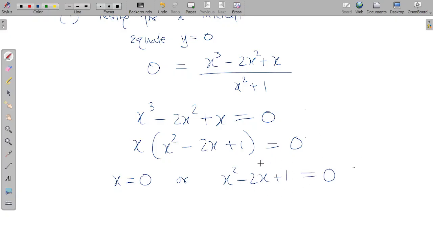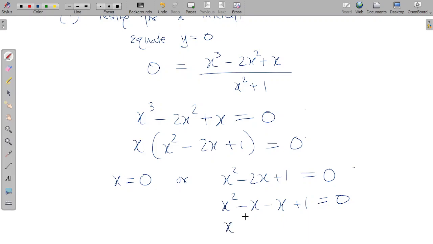Okay, so we factorize this. This is a quadratic equation. You can use the quadratic formula, or you factorize it. So we have x squared minus x minus x plus 1 equals 0.